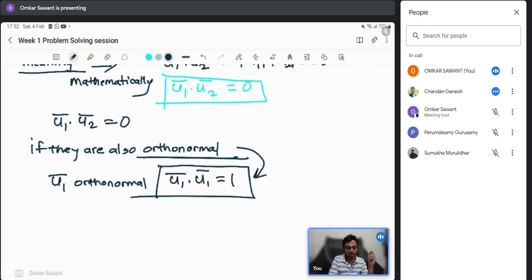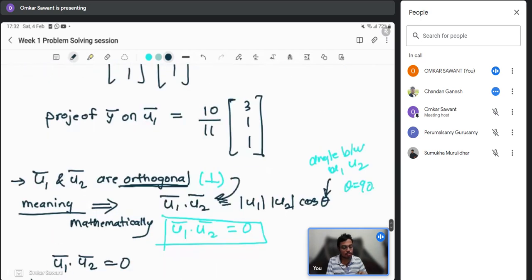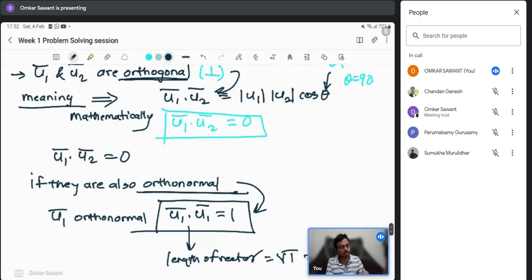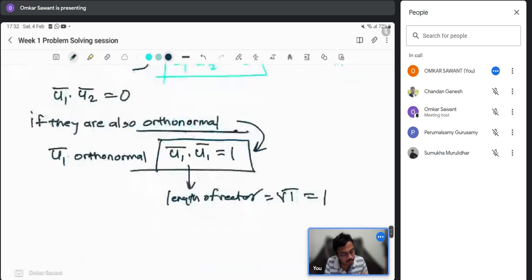Its magnitude is 1 actually, that's what I'm trying to say. This represents the length, no? If you take the square root of 1, that is 1, right? So if u1 and u2 are following this thing, then it is a set of orthonormal vectors and they are orthogonal to each other.